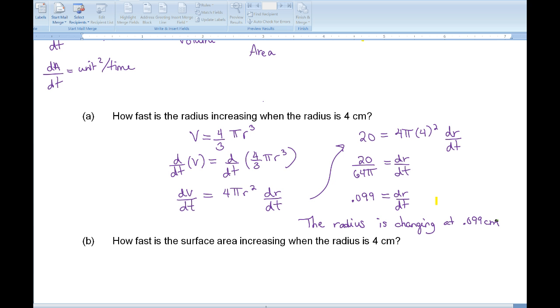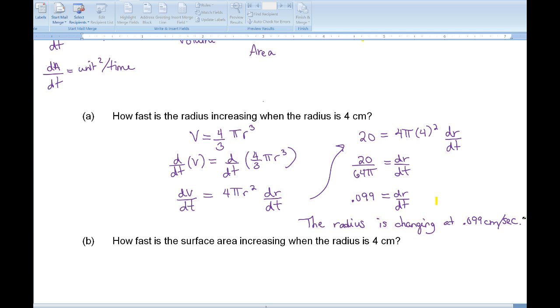Centimeters per second. So as the volume is changing at 20 cubic centimeters per second, the radius is changing at basically a tenth of a centimeter per second. Round to 3 decimal places.